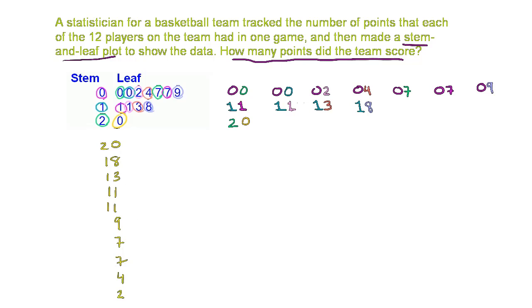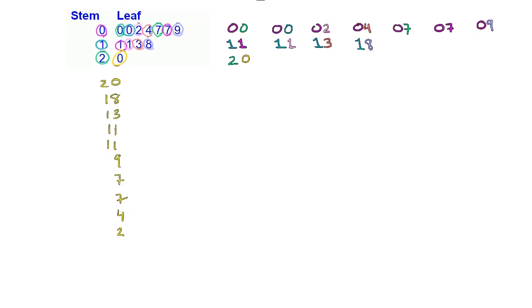Did I do that right? We have 2 11s, then a 9, then 2 7s, then a 4, then a 2, and these 2 players didn't score anything. So let's add them all up.